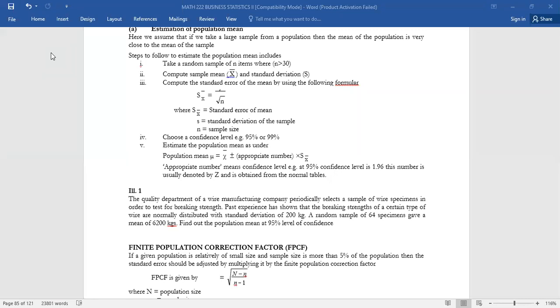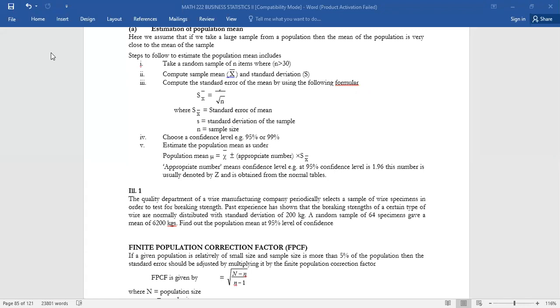Our standard error will be the standard deviation divided by the square root of the sample size. We've been given our standard deviation as 200 kgs. So it's 200 over the square root of 64, which is 8. So 200 divided by 8 is 25. Yes, so you can say that our standard error is 25.